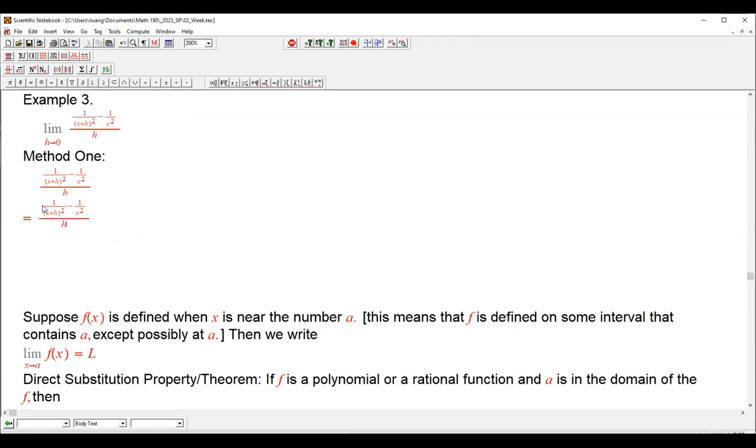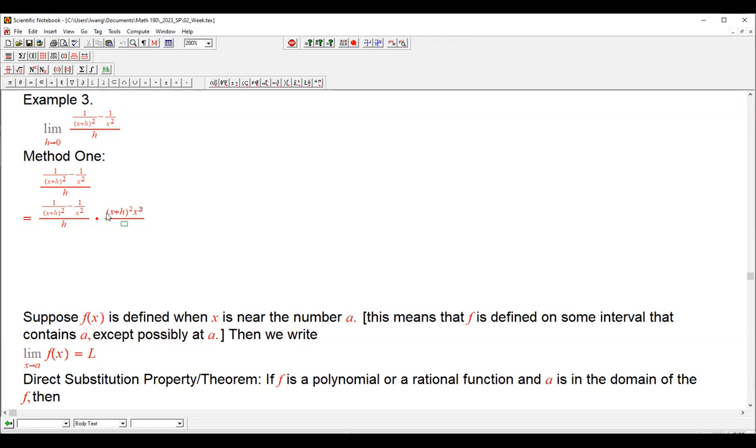So you have one quantity, two quantity, and a third quantity. And what is their common denominator? We decided that the common denominator is going to be (x plus h) squared multiplied by x squared.